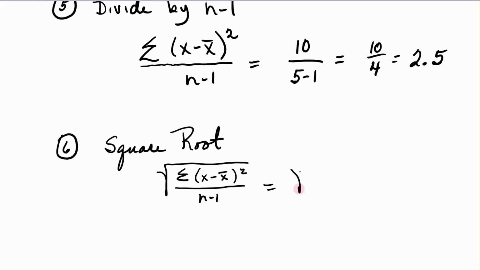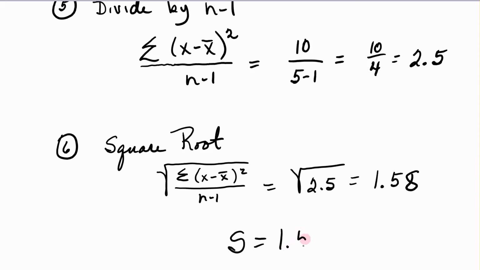So in this problem, I'm going to take the square root of 2.5, which gives me 1.58. Because this was just a sample, I'm going to say S, the standard deviation, is 1.58. And that's a little bit like saying the average difference between each item and the mean is 1.58.